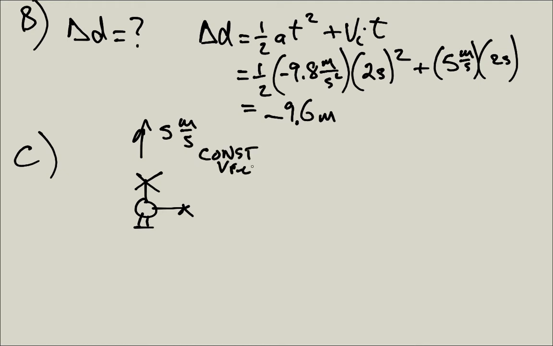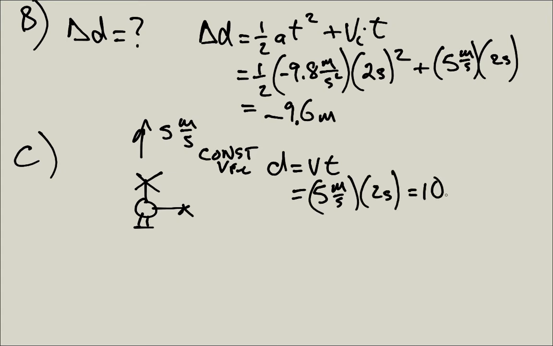constant velocity. So I know how far the helicopter is going to go because the constant velocity equation is d equals vt. And so how far did the helicopter travel in those 2 seconds? No problem. It's 5 meters per second times 2 seconds, which makes 10 meters. So the helicopter in those 2 seconds went up by this much, 10 meters.